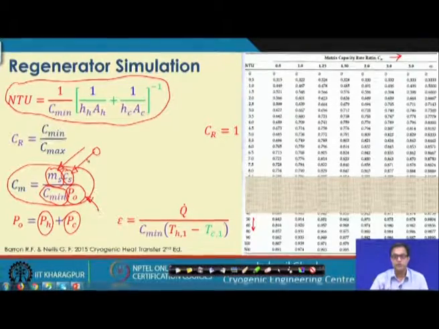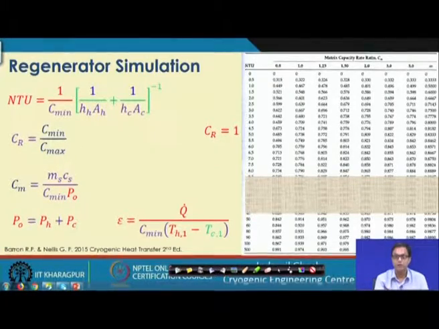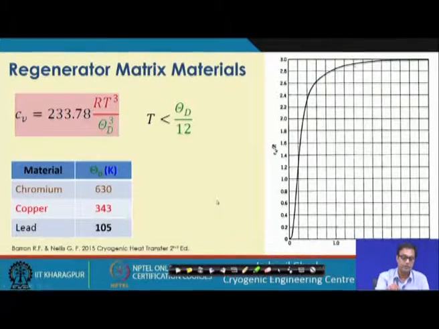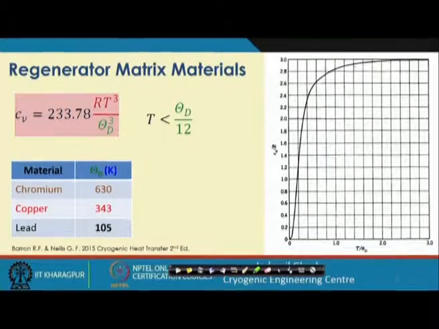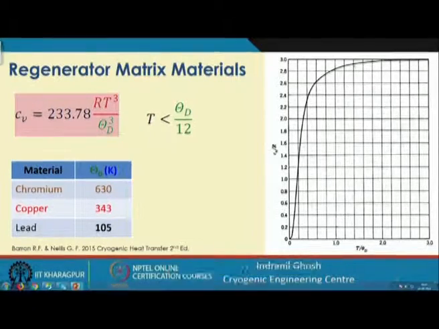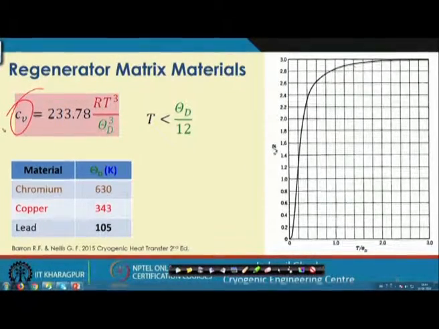So, when it is temperature dependent, particularly if we have to design a regenerator for cryogenic or low temperature application, you will find that the specific heat of the regenerator is changing very fast with the temperature. When the temperature is less than theta D by 12, you will find that the Cv, the specific heat at constant volume, is equivalent to that at constant pressure in the case of a solid.